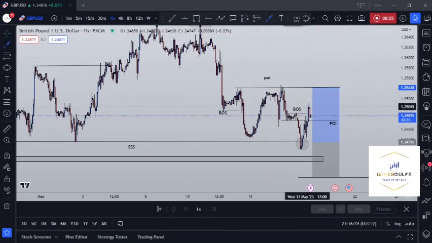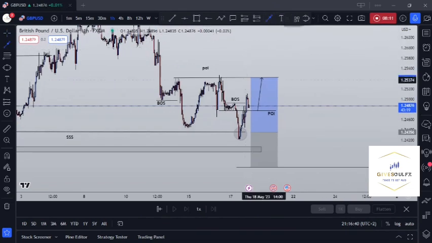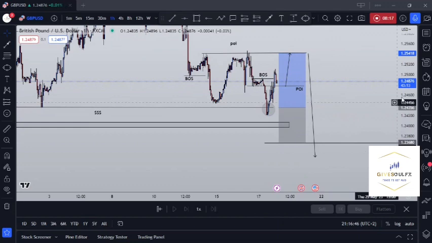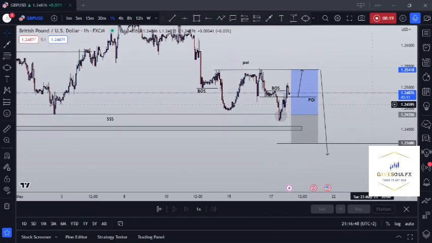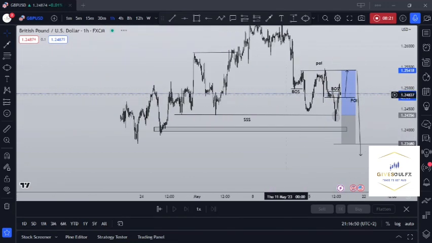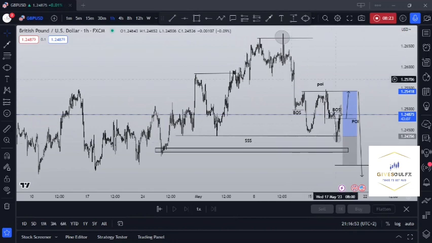Meaning that I'm willing to see price rally higher from this level up until this level before eventually moving back to the downside, because the overall trade here is a downward movement.